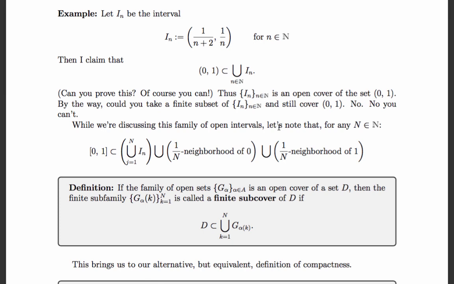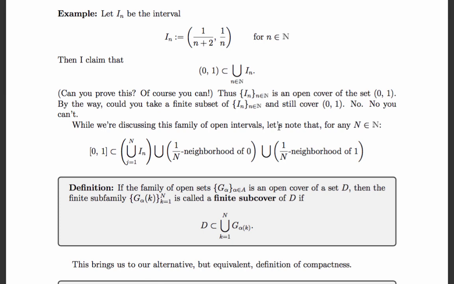I believe in you. So I subscript n is an open cover of the set 0 to 1. Now, by the way, could you take a finite subset of I_n and still cover 0, 1? No. No, you can't.